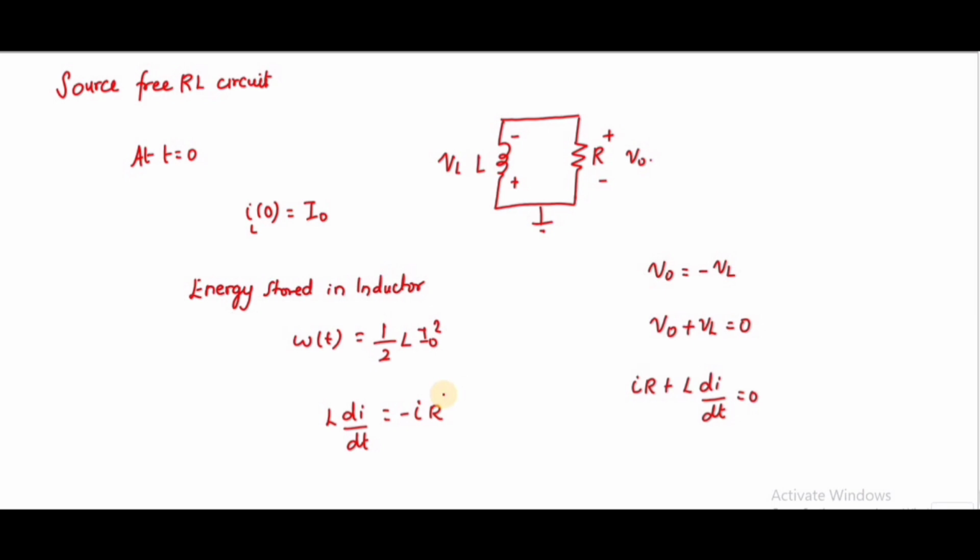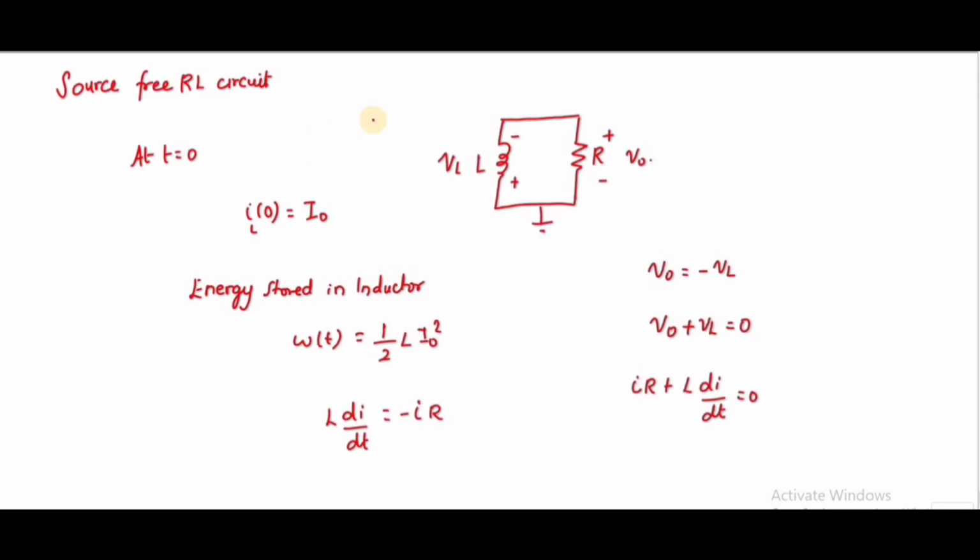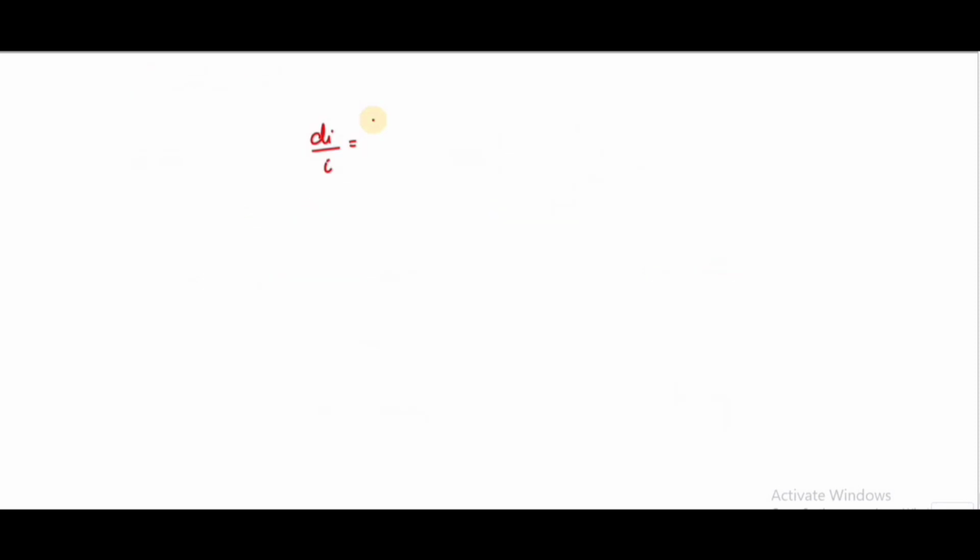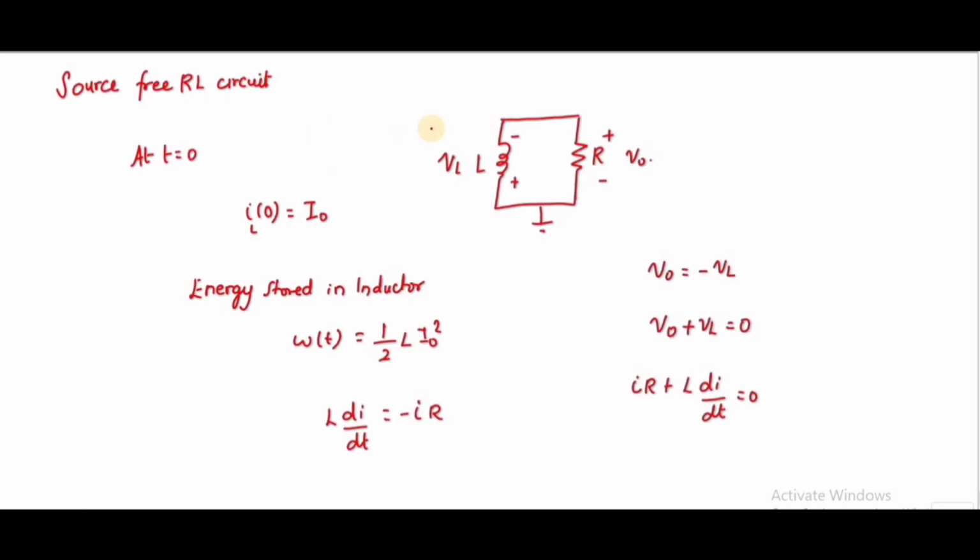So di by I is equal to minus R by L dt. I can write like this.